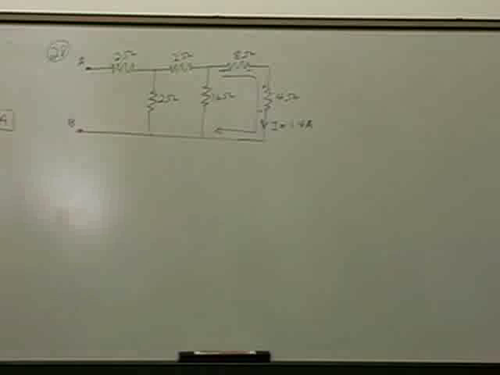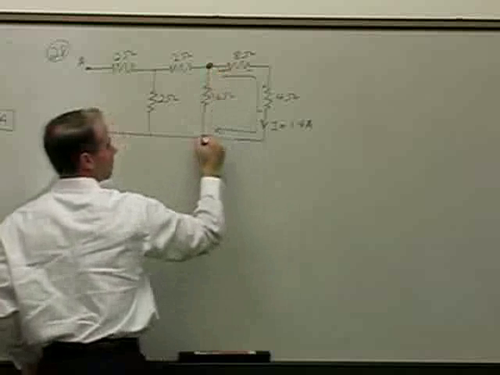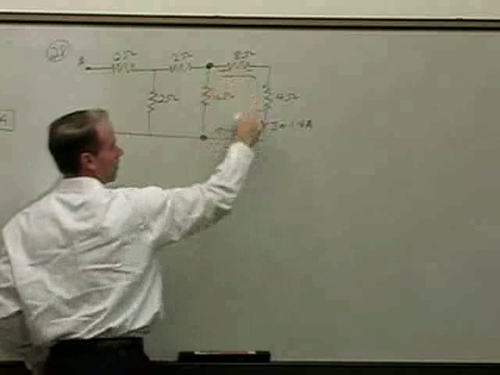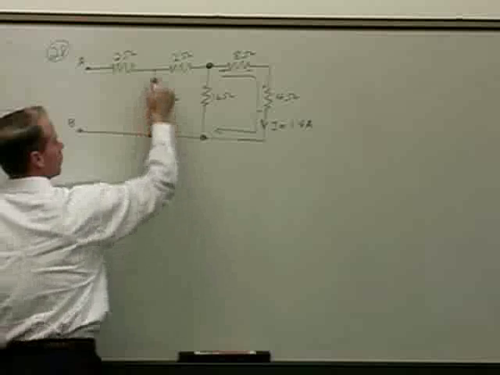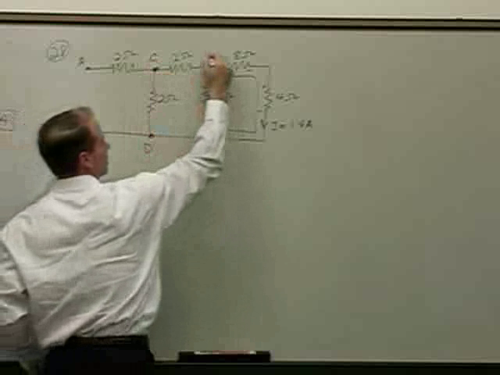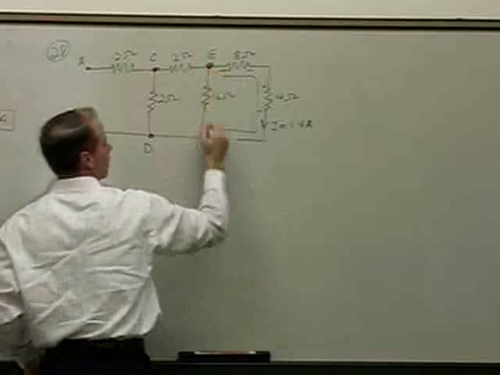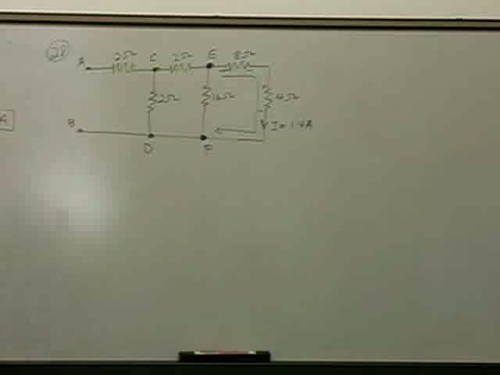And in fact, the voltage between this point and this point, looking at this branch only, let me go ahead and put letters on this. Let's call this C and D here. Let's call this E and F here. E and F are actually the same. But just to look at it.